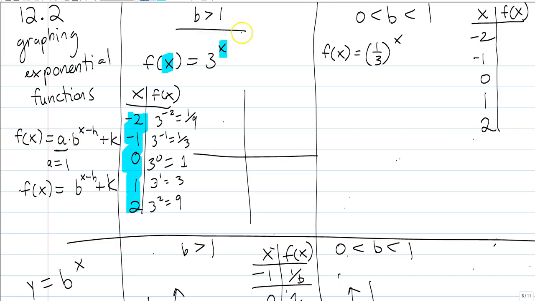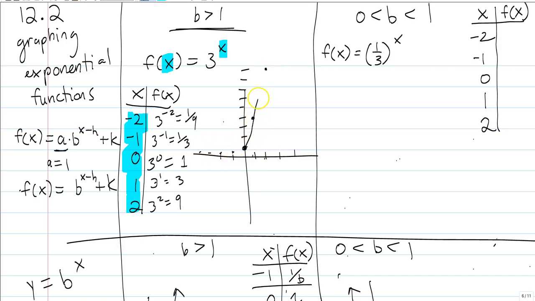See, when the b is greater than 1, we end up with an exponential growth, which means going to the left, the numbers get smaller: 1/3, 1/9, 1/27, 1/81. As I'm going to the left, it's getting smaller, but as I go to the right, 0 gives me 1, 1 gives me 3, 2 gives me 9.